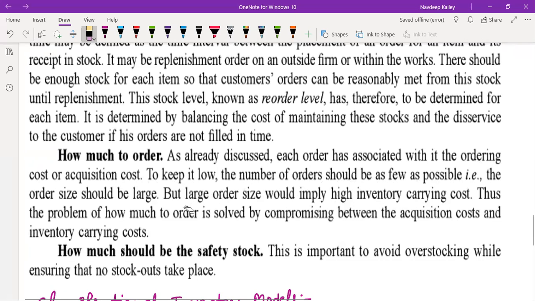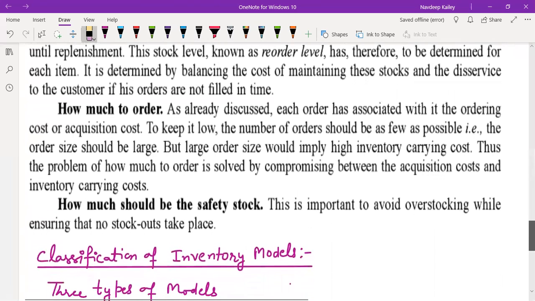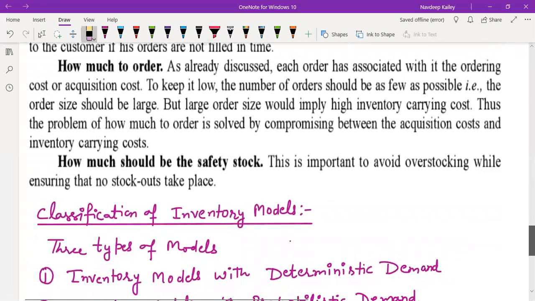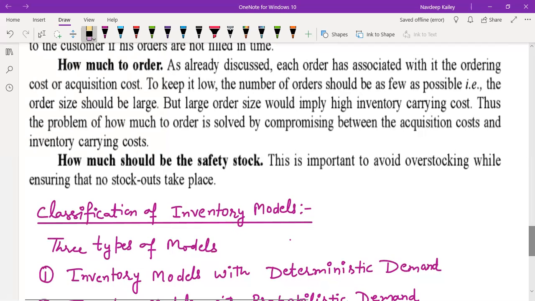Thus, the problem of how much to order is solved by compromising between the acquisition cost and inventory carrying cost. And the third factor is how much should be the safety stock. This is important to avoid overstocking while ensuring that no stockouts take place.